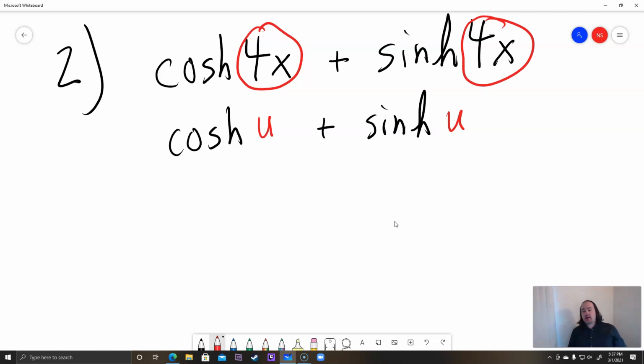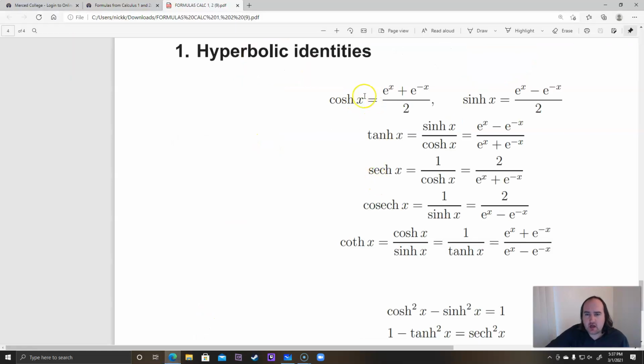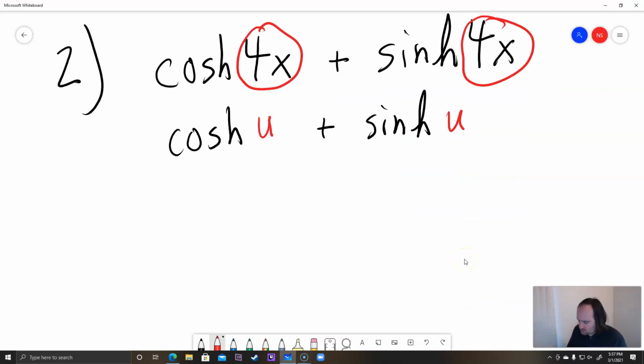So if we go ahead and write these in terms of exponentials, then we'll be able to simplify. Okay, so we said cosh of u, going to our formula sheet, cosh of u is e to the u plus e to the negative u all over 2.